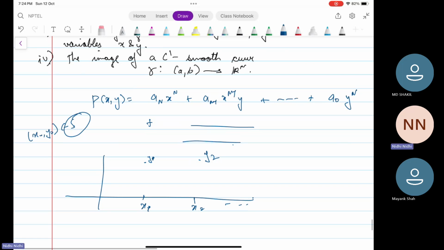And I think the problem will be about smoothness because this is kind of a discrete function. It is defined at some specific points, and at the rest of the points we don't know. I don't know what will happen at x1 minus epsilon and x1 plus epsilon.